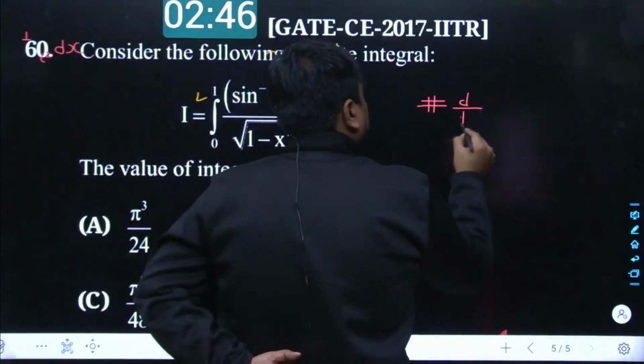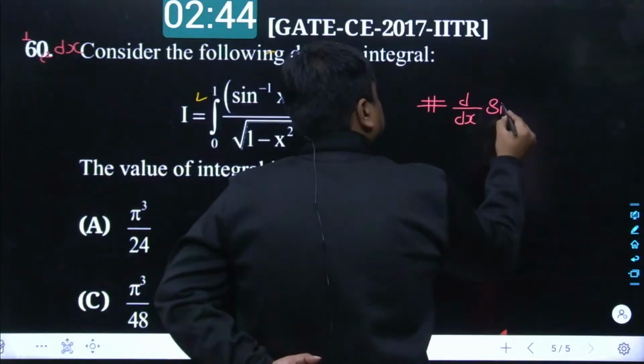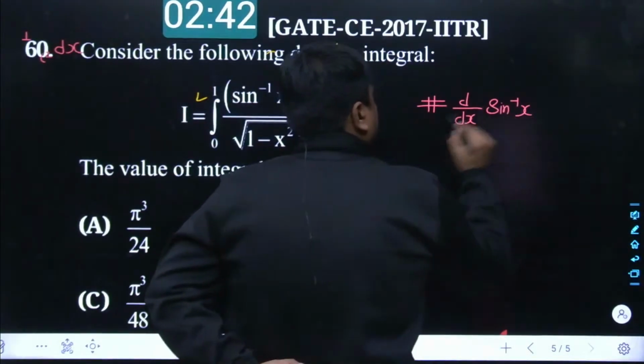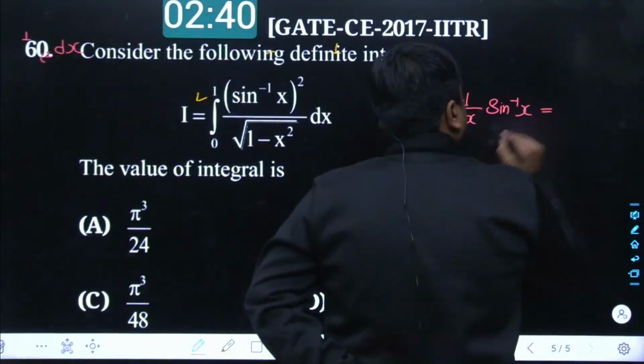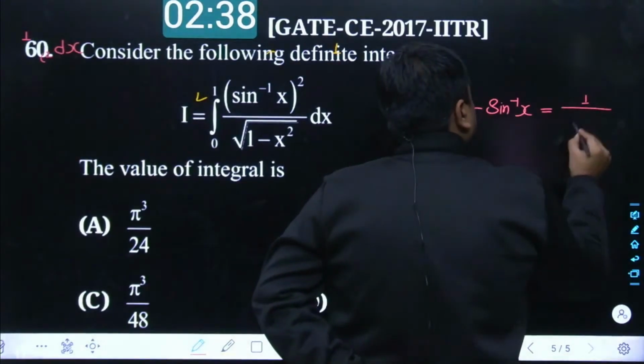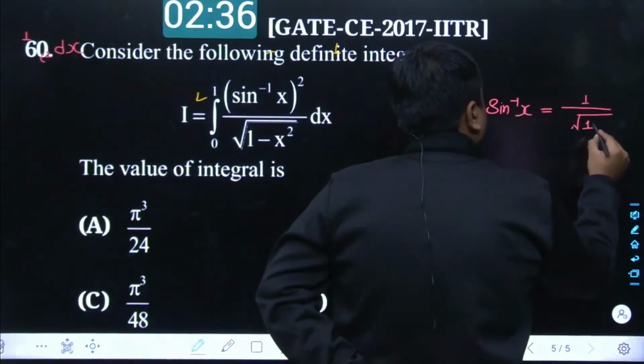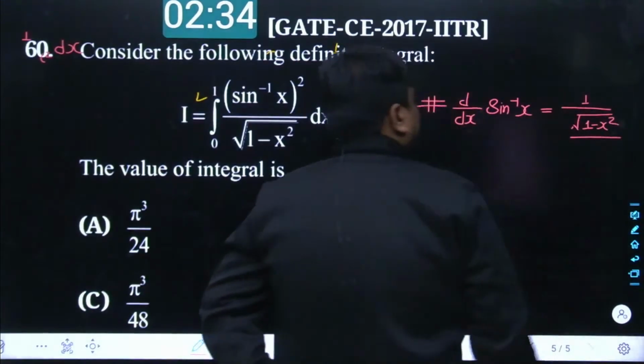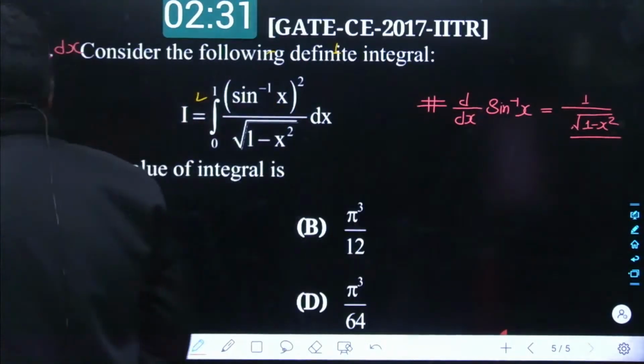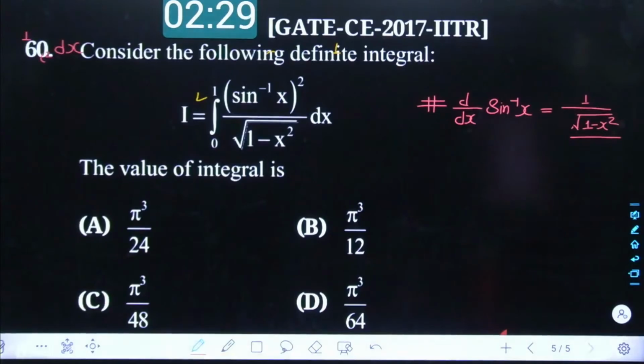Differentiation of inverse trigonometry of sin x is equal to 1 upon root over of 1 minus x square, root over of 1 minus x square, which is on the downside. Tell me what must have been the answer over here.